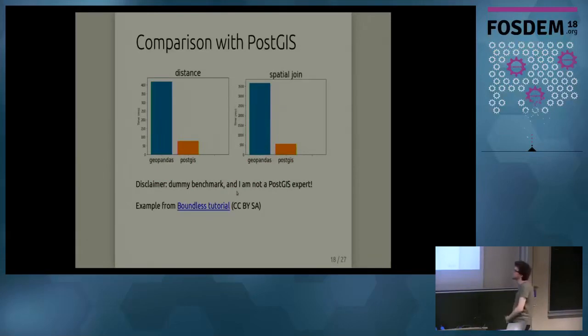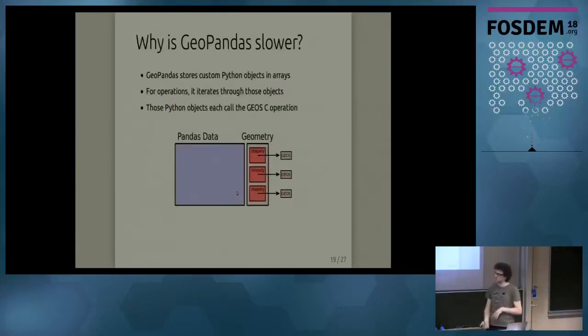Both use GEOS for the same things. So why is GeoPandas slower? It's because there's a lot of overhead in the way that we use it. If you call a distance operation in GeoPandas, we loop over our objects, call Shapely, and Shapely then calls GEOS. That creates some overhead.